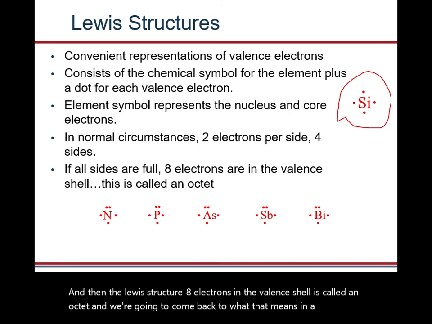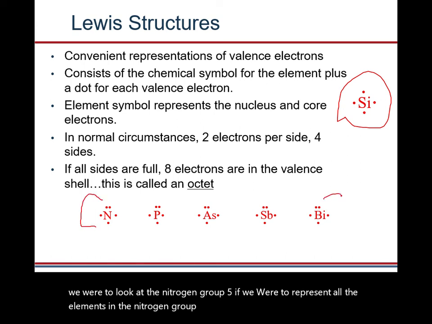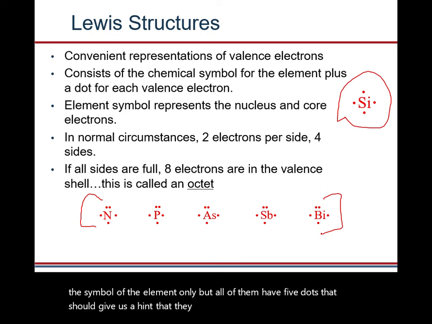But if we were to look at the nitrogen group, group 5, and represent all the elements in it, we see that the only difference is the symbol of the element, but all of them have 5 dots. That should give us a hint that they might react in a similar manner. They might form bonds in a very similar way.